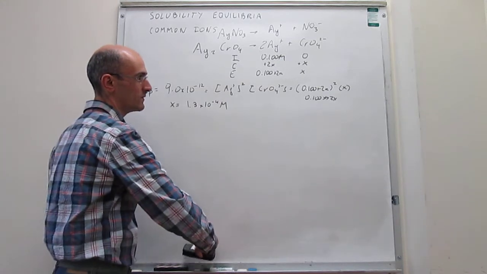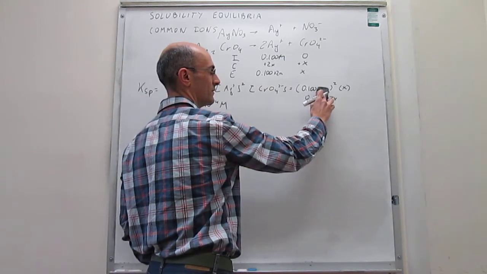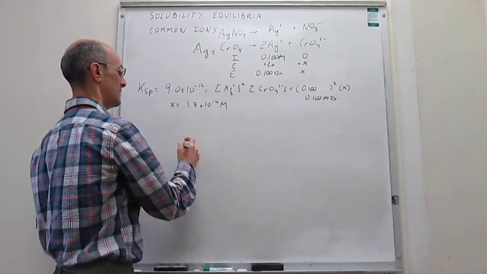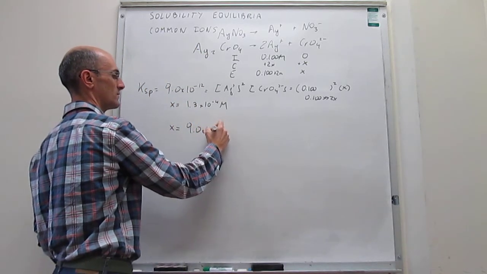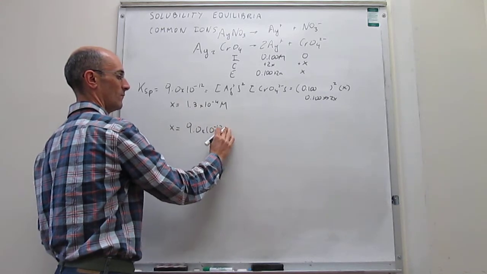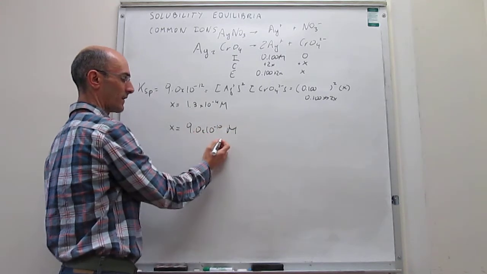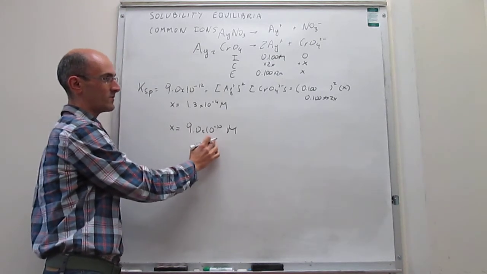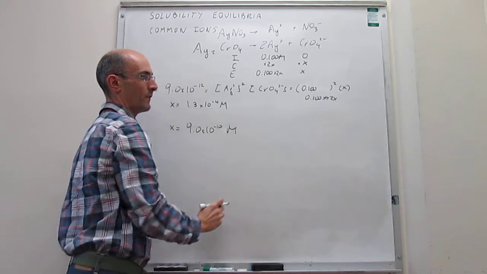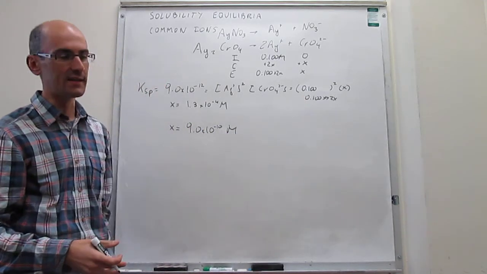Under that approximation, this equation is much simpler to solve. You simply have that, and the solubility that you get out of that will be 9.0 × 10^-10 molar. Clearly the approximation works well, because this number, 9 × 10^-10, is much smaller than the 0.1 number that you have neglected it against.